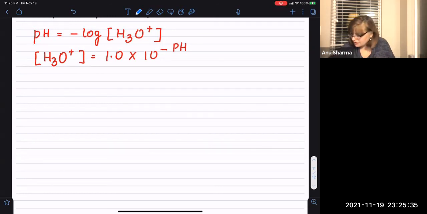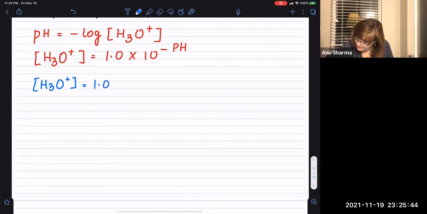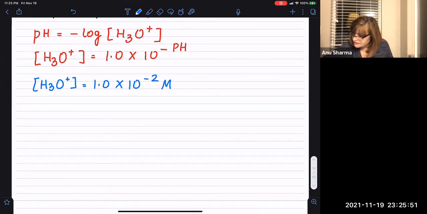Let's say you are given a solution where the H3O hydronium ion concentration is equal to 1.0 times 10 to the power negative 2 molar. This is just an example, for knowledge base. So what is the pH for this?